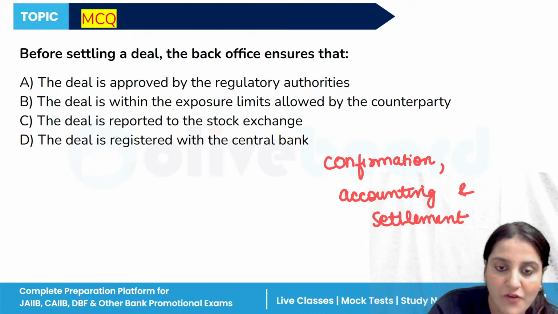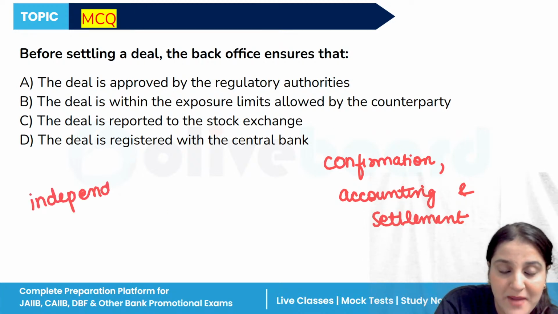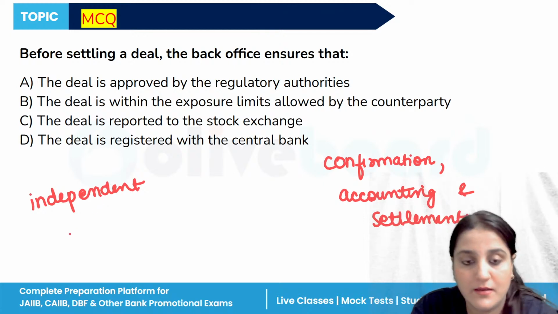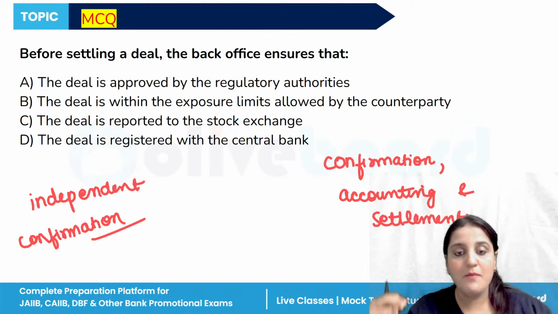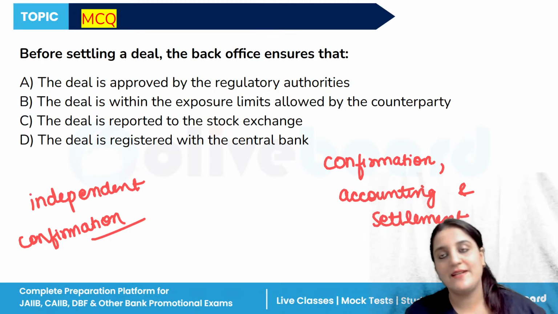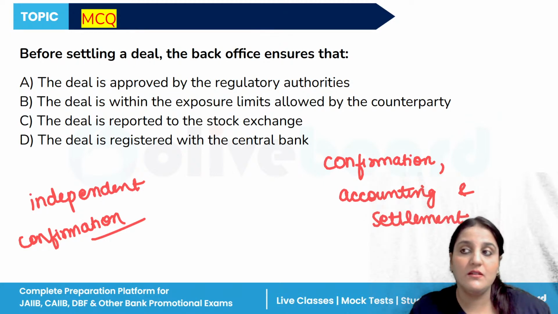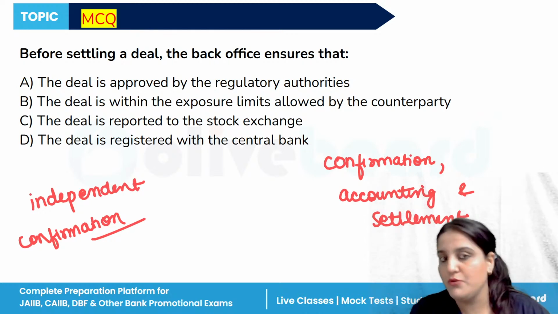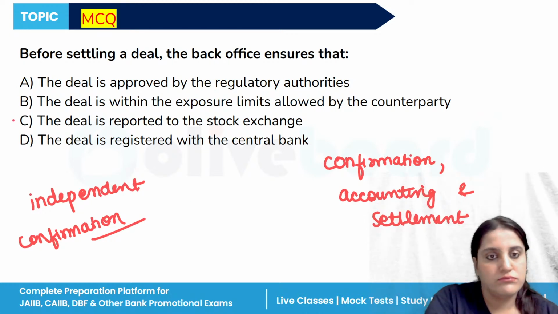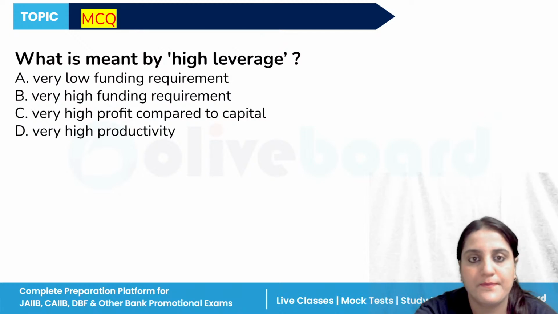The back office also obtains independent confirmation of each and every deal from the counterparty and settles the deal only if it is within the exposure limit allowed by the counterparty. So option B is correct here.